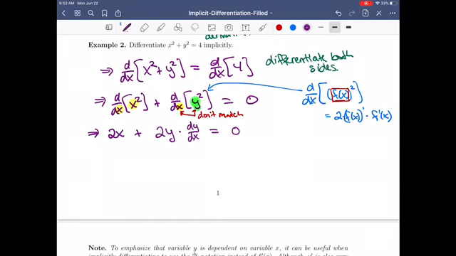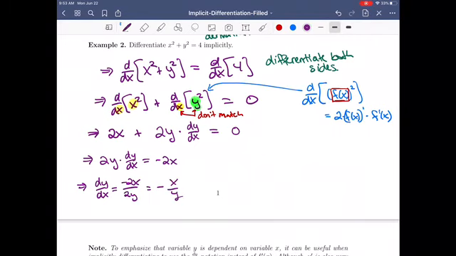Then what we want to do is just solve for dy dx. So I'm going to move the 2x to the other side. I have 2y times dy dx equals negative 2x. Divide by the 2y, and I get dy dx is negative 2x over 2y, which is negative x over y.